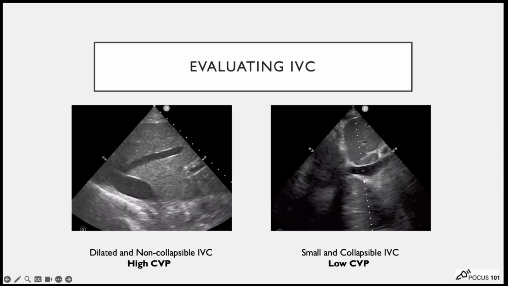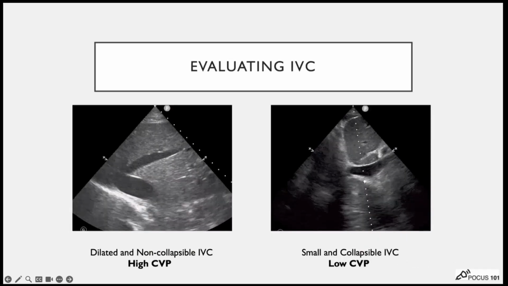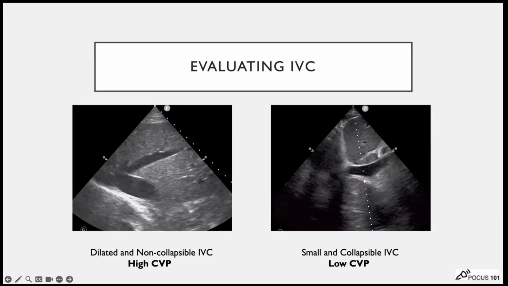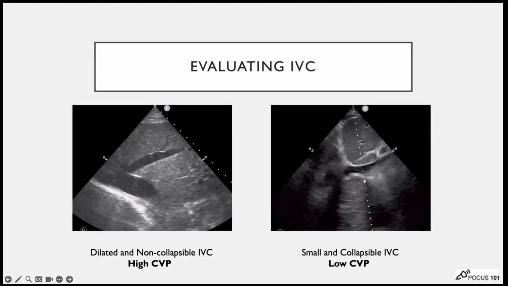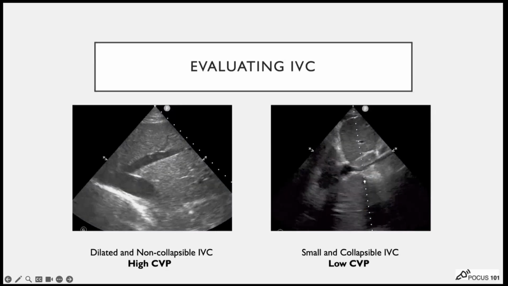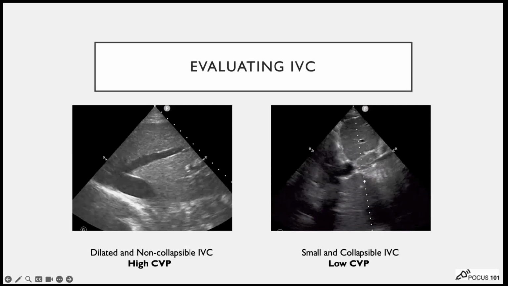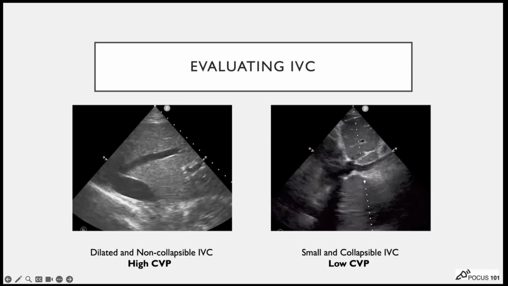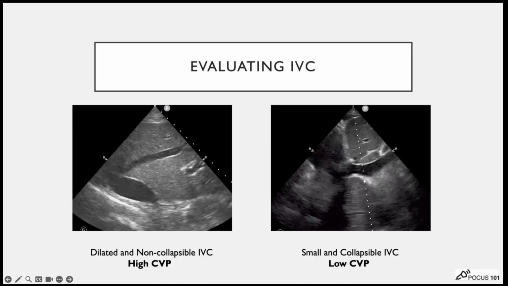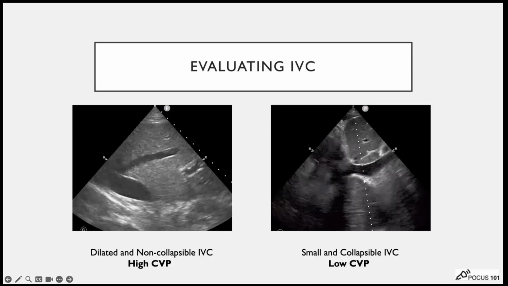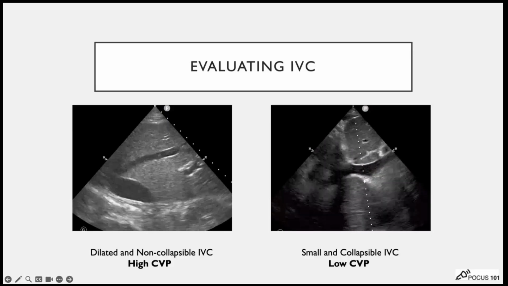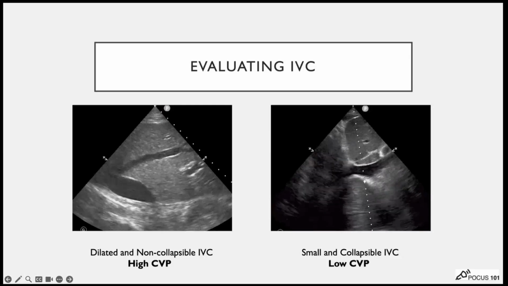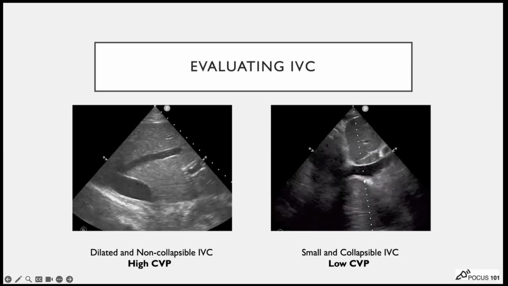And here we'll see some examples of IVC evaluations. On the left-hand side, you can see a very dilated and non-collapsible IVC indicating a high CVP. On the right-hand side of the screen, you'll see a small and collapsible IVC indicating low CVP. You can perform this exam in the longitudinal orientation in the subxiphoid area.